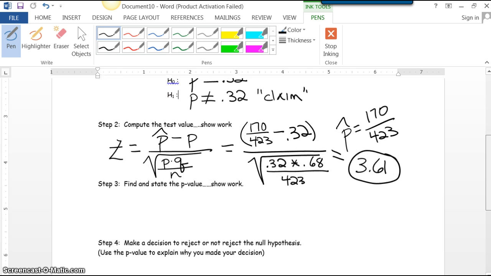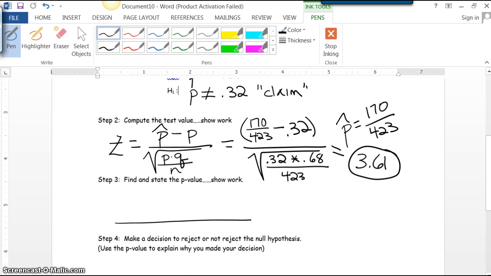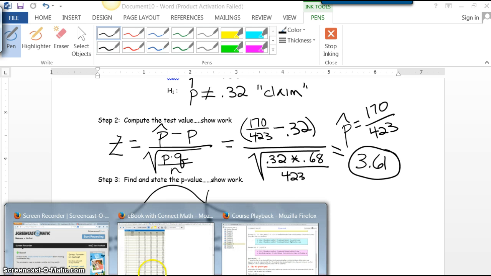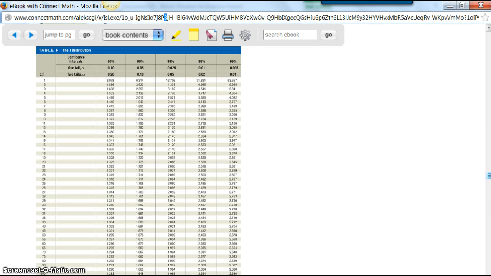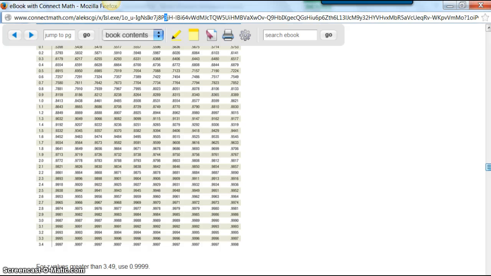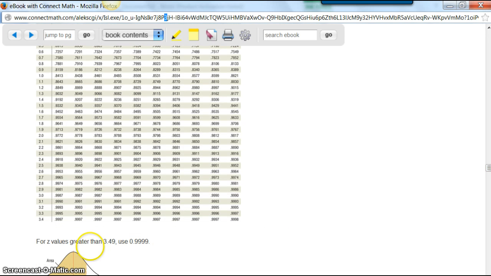Then for your p-value, you're going to have to go to your table and look up 3.61. Your table doesn't have numbers that big. It says for z values that are greater than 3.49, you'll use 0.9999, so you'll have to do that on this problem.